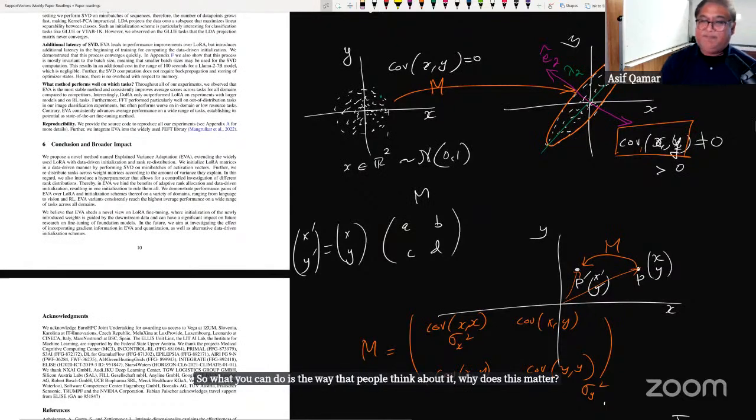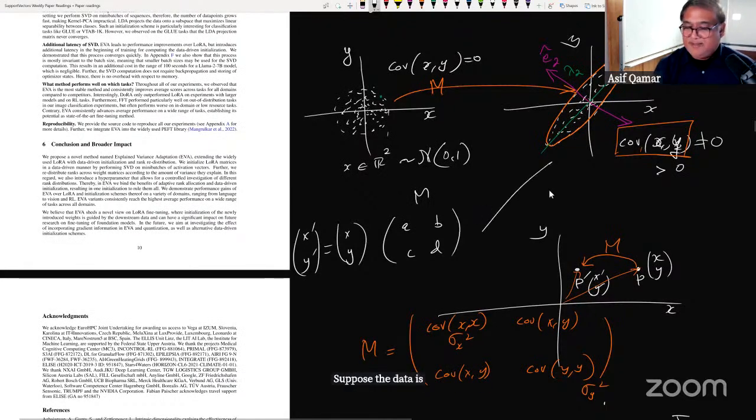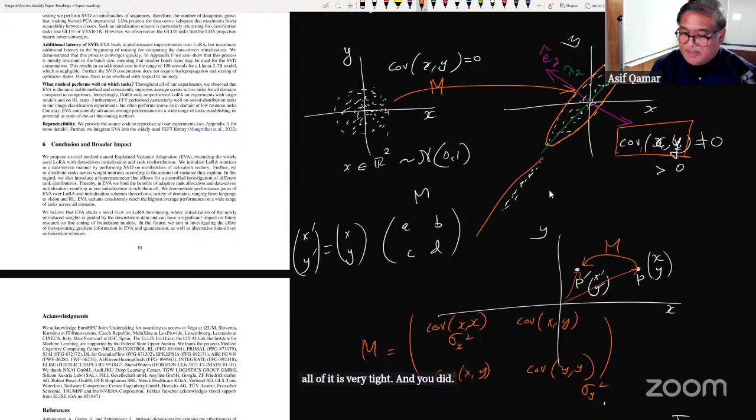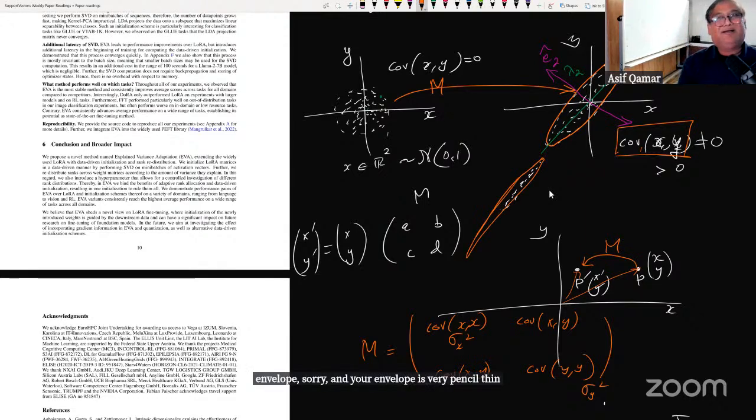Suppose the data got distributed like this, even more skewed, and I'll just make a picture. All of it is very tight, and you did an envelope, and your envelope is very pencil thin, like this, right?